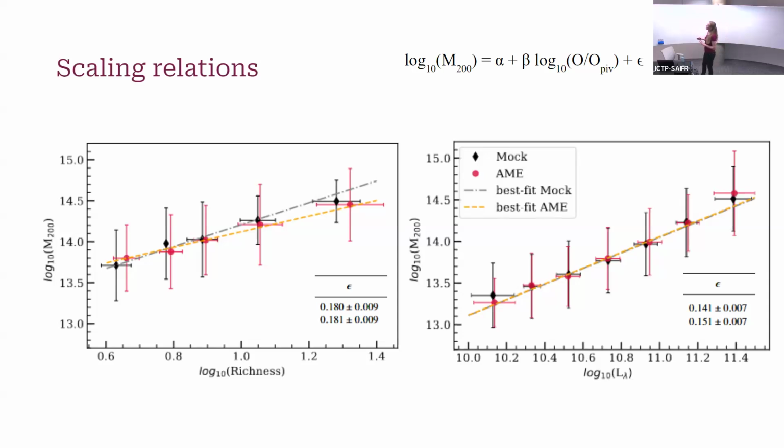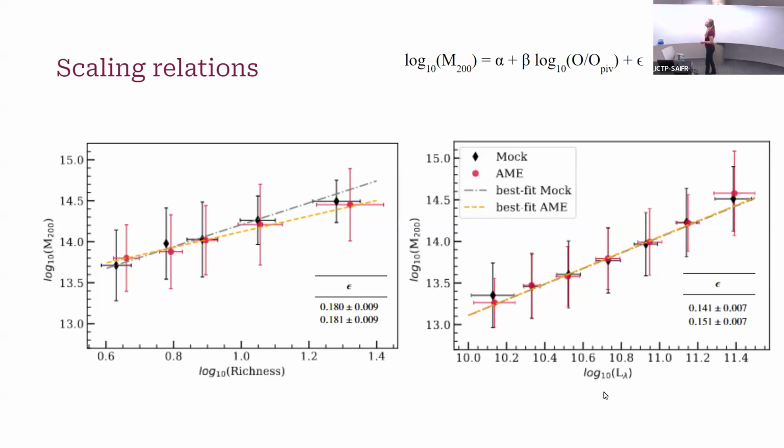It returns an intrinsic parameter, this eta, which gives us the intrinsic scatter of the relation. So the lower this value, the better our relation, and the better our mass estimate.